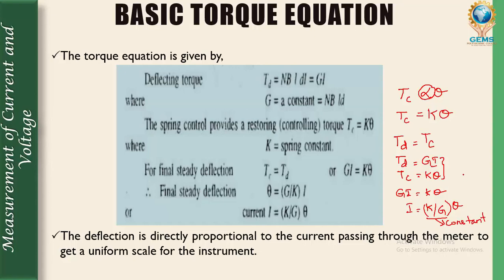So I can write I is directly proportional to theta. The current passing through the galvanometer is directly proportional to the deflection. So the deflection is directly proportional to the current passing through the meter, giving a uniform scale for the instrument.